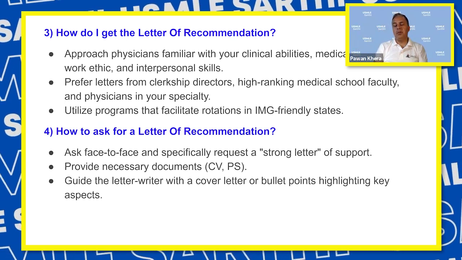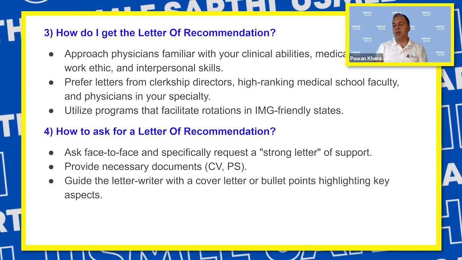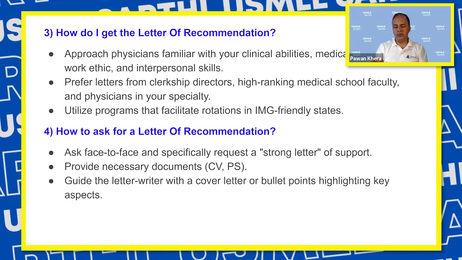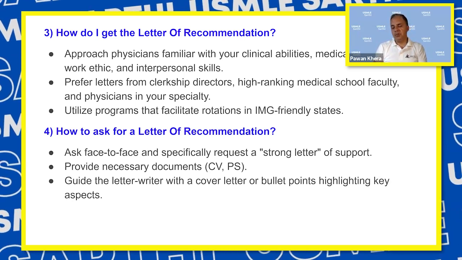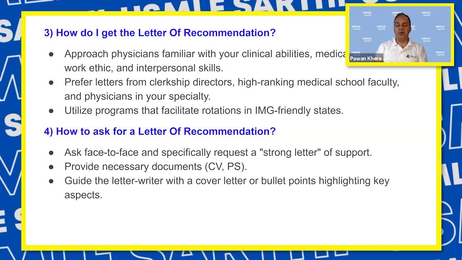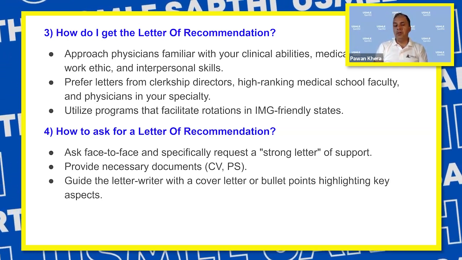Clerkship letters, elective letters are very, very useful. IMG-friendly state letters, of course, because most of you will match in New York, New Jersey, some of those IMG-friendly states. I'm not saying California is not good, right? If you get an elective in Stanford, go for it. UCLA, go for it.